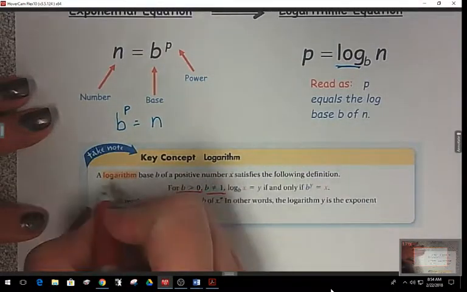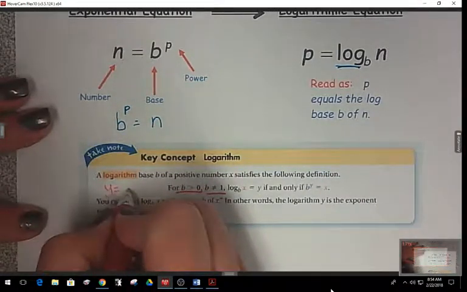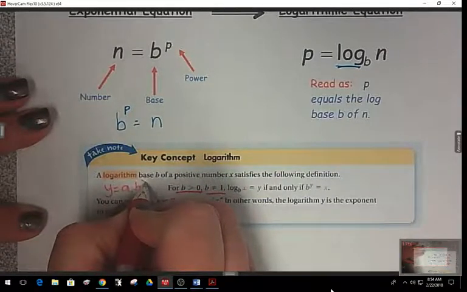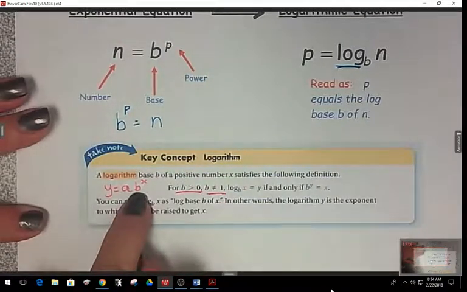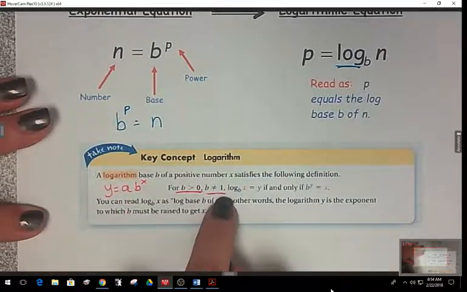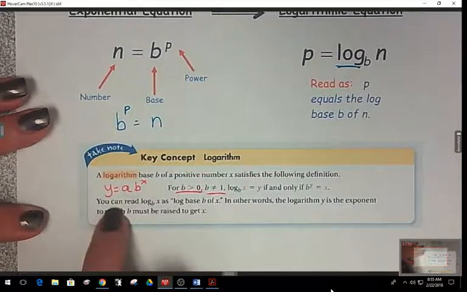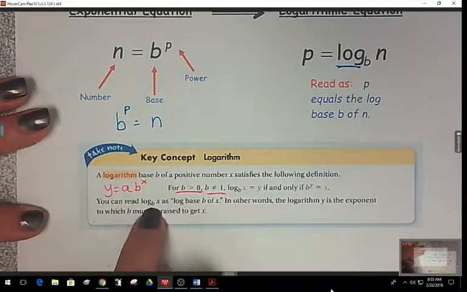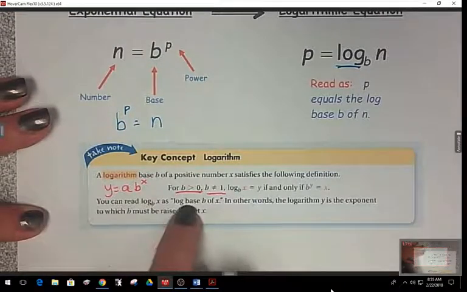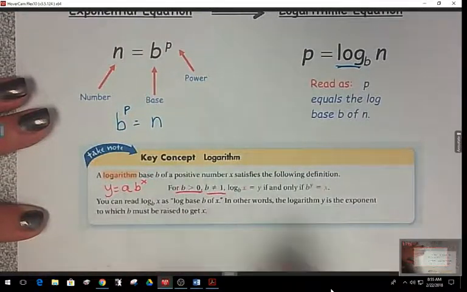Remember, in 7.1 and 7.2, they looked like this. And in that case, remember, b had to be positive and it could not be 1. Well, the same rules apply here. So then, once again, they tell you can read log base b of x. Here they give you the words for it.